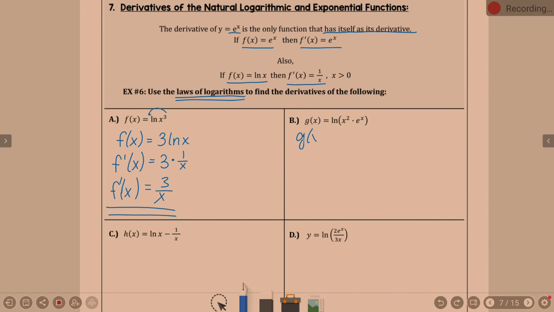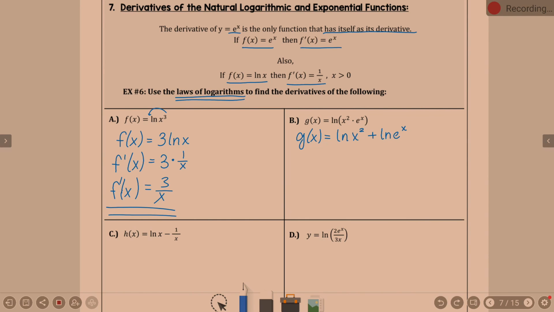I'm trying to think, what's it called? The product rule? Is it the product of logs? But basically, multiplication within a log can be rewritten as 2 logs being added. Is that what you said? So natural log of x squared plus natural log of e to the x.